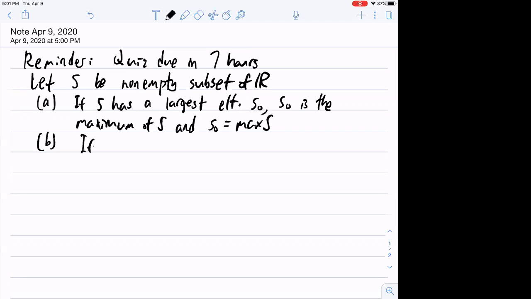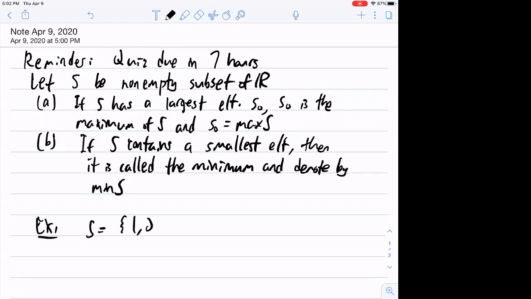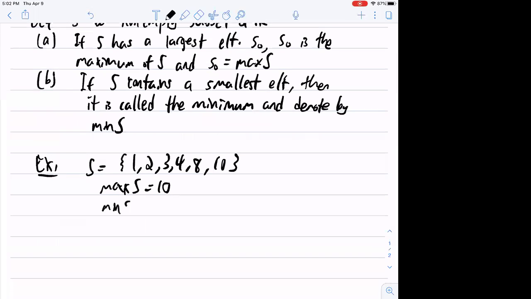And similarly, if S contains a smallest element, then it is called the minimum, and we denote it by min S. So for example, if I gave you a set like this, the max of S is 10 and the min of S is like 1.